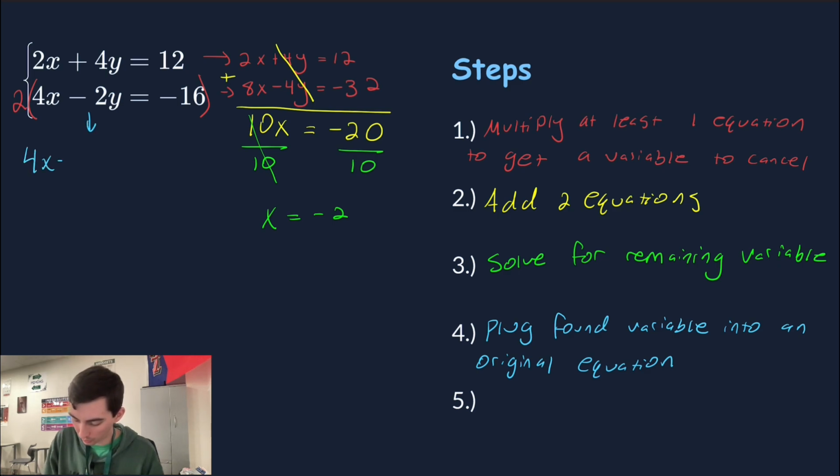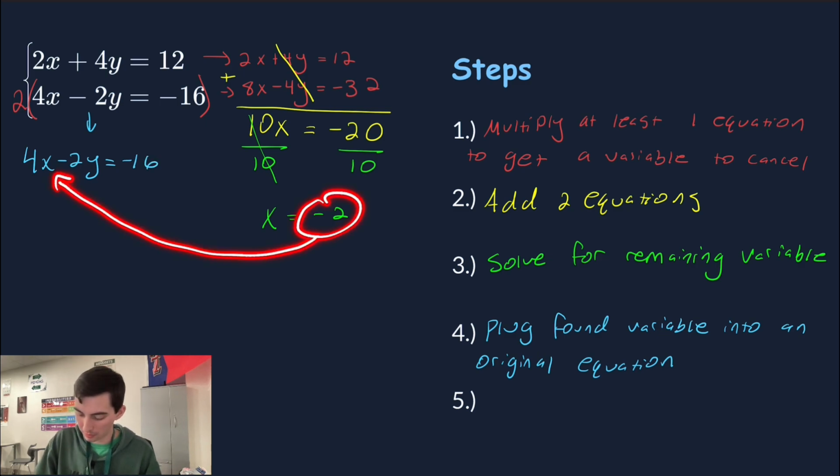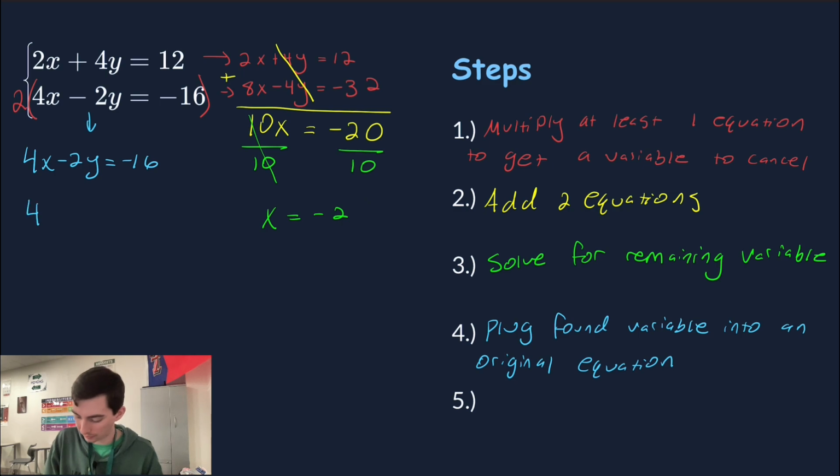I've got 4x minus 2y is equal to negative 16. And now I know what x is, so I'm going to plug that in here. So I've got 4 times negative 2 minus 2y is equal to negative 16. And now we're just going to solve this regular equation. 4 times negative 2 gets me negative 8 minus 2y is equal to negative 16.